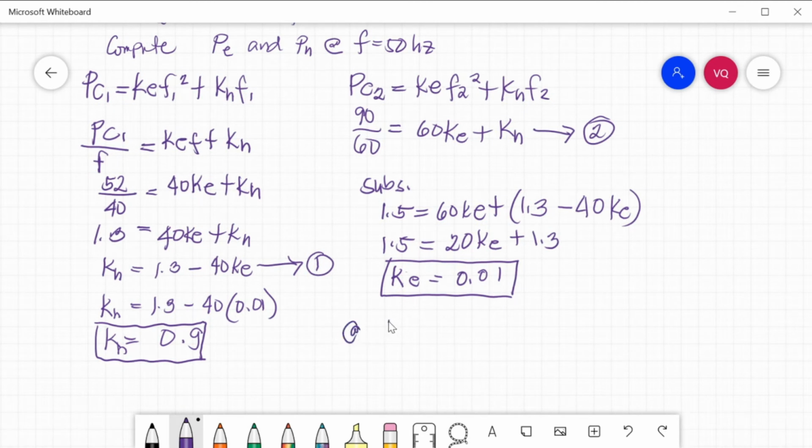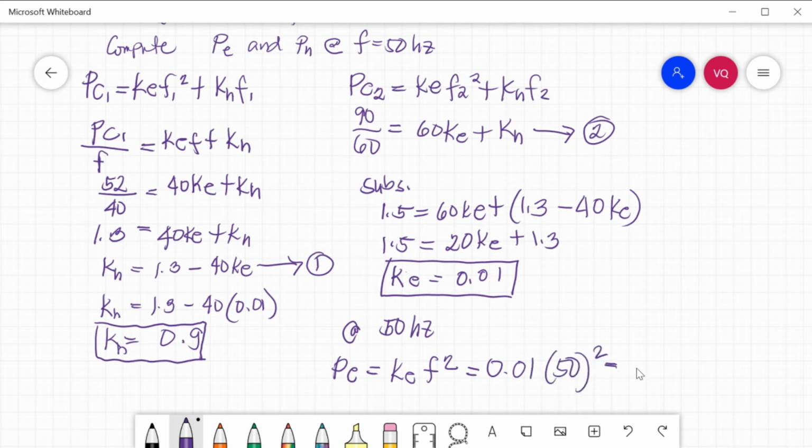At 50 Hertz, the formula for PE is KE F squared, where KE is 0.01 and F is 50 Hertz squared. So the value of our eddy current loss is equal to 25 watts.